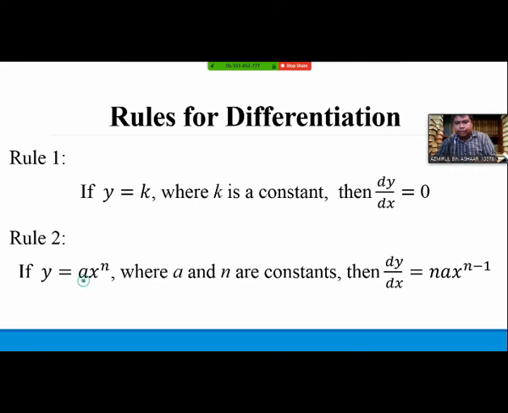For this case, if you have an x, let's say to the power of n, you move this n to the front, it becomes n multiplied by x power of n minus 1.